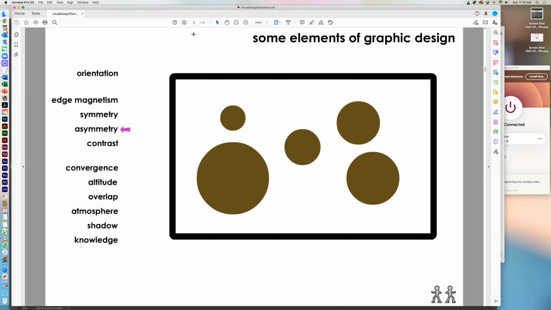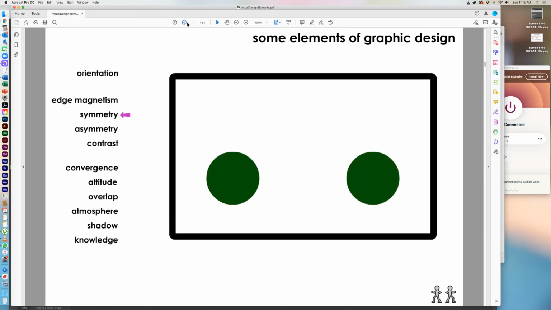Here, asymmetrical balance is in fact more dynamic, and we end up looking all over the frame at those different objects and their relationships. So our eyes don't get bored, our brain doesn't get bored. Even though it's dull brown circles, the image itself can be fairly dynamic.